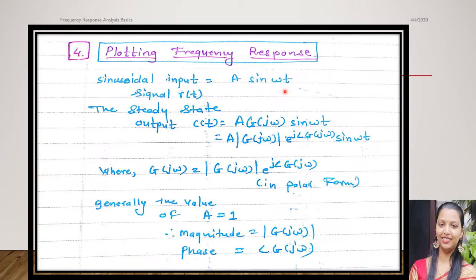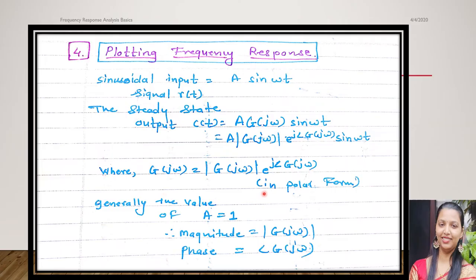is also a sinusoidal signal with a change in magnitude and phase, given by c(t) equal to A G(j omega) sin omega t, equal to A magnitude G(j omega) into e raised to j angle G(j omega) sin omega t, where G(j omega) is equal to magnitude G(j omega) e raised to j at an angle G(j omega).